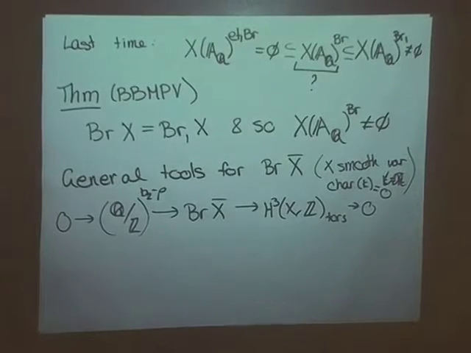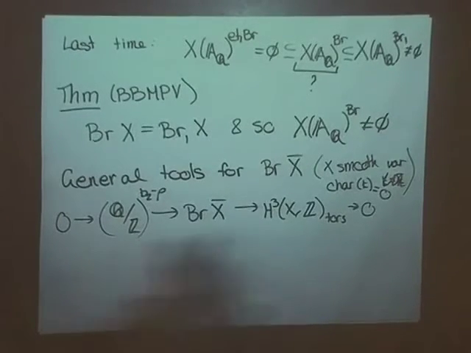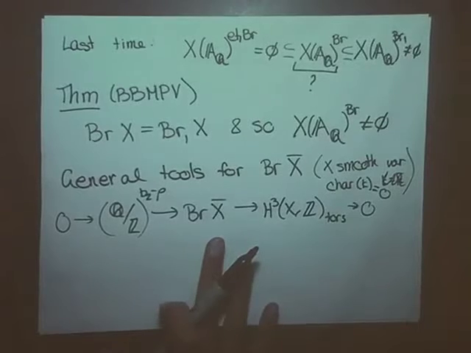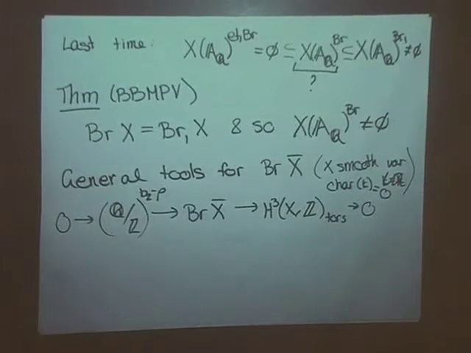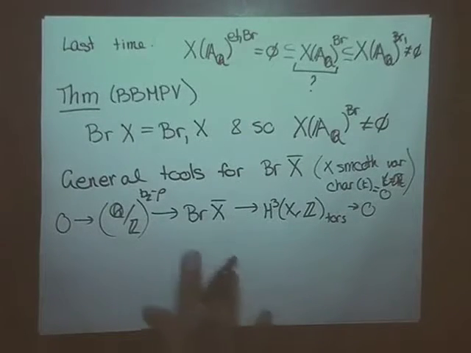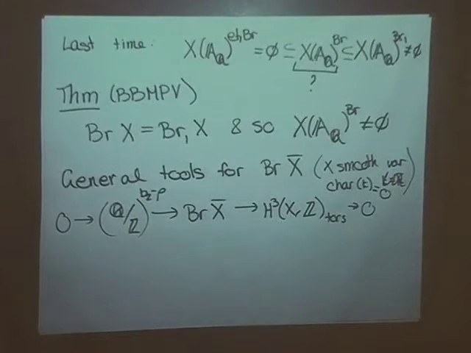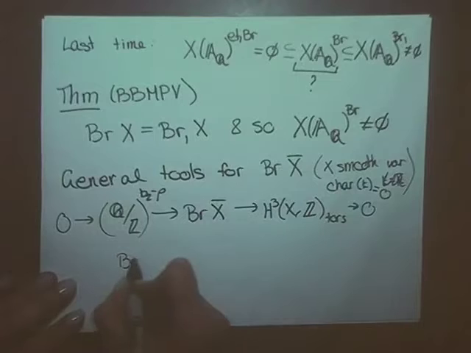So this is something general that, assuming we know enough about the geometry of X bar, which we do in these situations, we immediately know the structure of Br X bar as a group. It's not nothing.